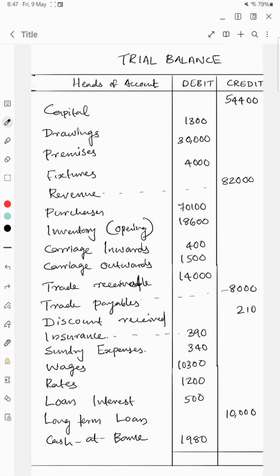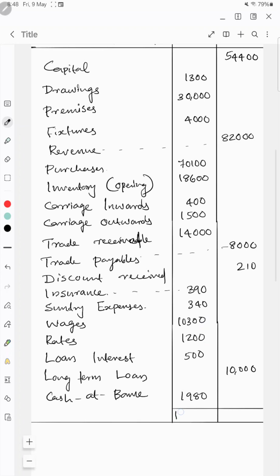1,300 plus 30,000 plus 4,000 plus 70,100 plus 18,600 plus 400 plus 1,500 plus 14,000 plus 390 plus 340 plus 10,300 plus 1,200 plus 500 plus 1,980 will total 1,54,610.